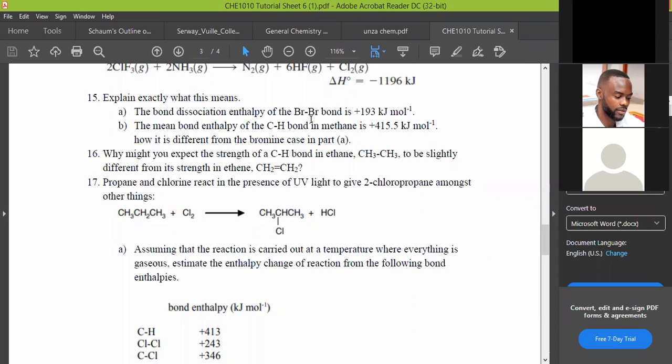But here, it's not an average. Here, this is the energy needed to break that bond, irrespective of this energy also being the bond energy of this particular element.